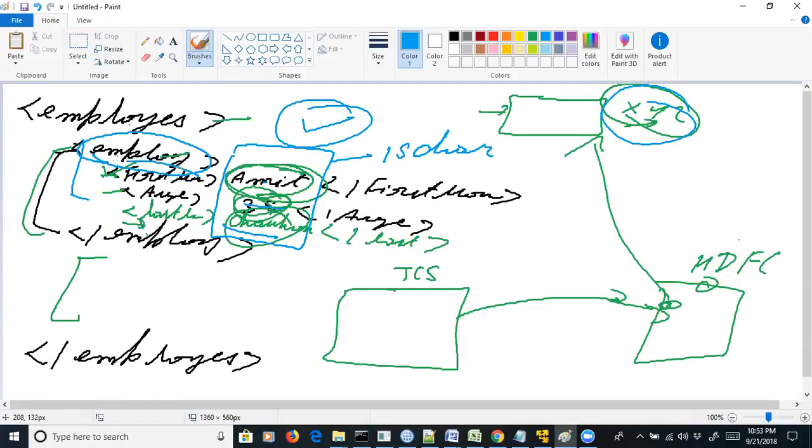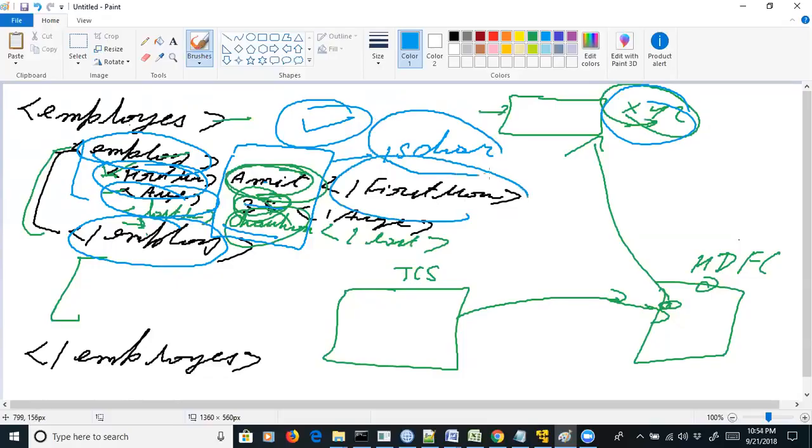I also have to pass this tag information, which is much more than the actual information. If you count the length of these tags, this will also pass on your wire, through the network from TCS to the HDFC Bank.